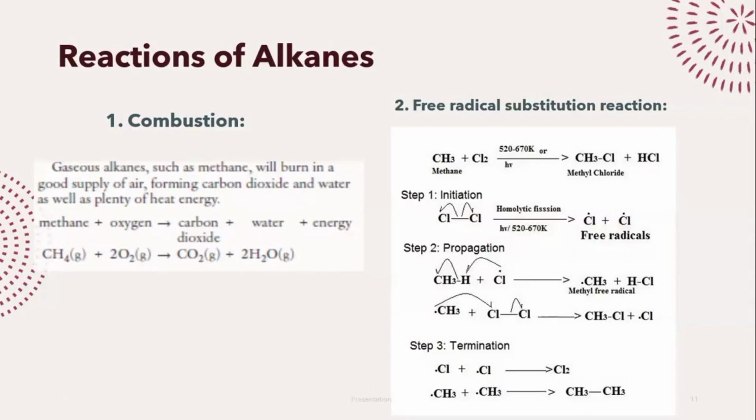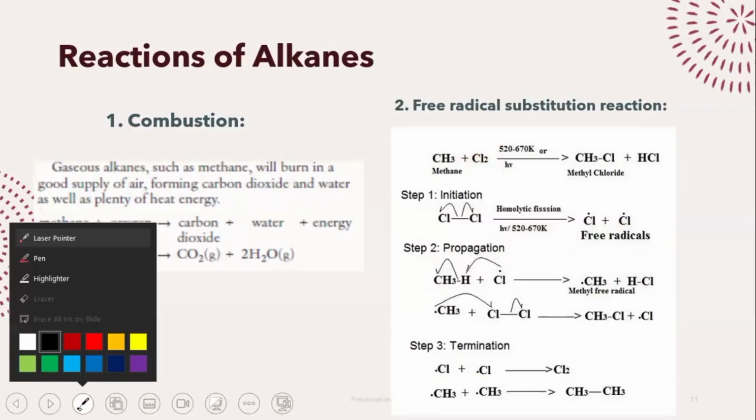Whether that UV light is coming from the sun or from the UV lamp in your laboratory, it doesn't matter. You just require UV radiation. Now, why is UV radiation so important? The reason you need UV radiation is to break the covalent bond inside the chlorine molecule, right?